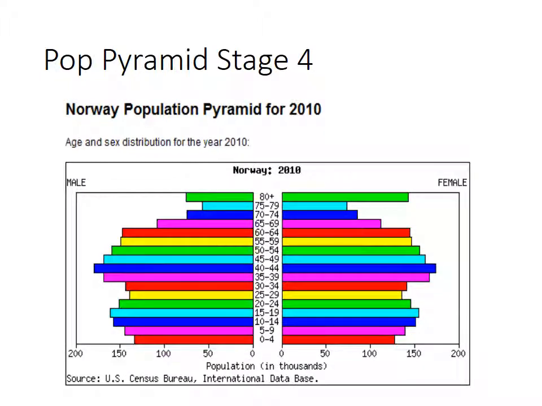Once you get to stage 4, you will see more average verticality. Things might look a little bit more square. You can also see with this one in Norway, in the 80+ cohort, something strange in that you have about twice as many females, or at least 1.5 times as many females as you do males. This is largely due to the effects of World War II, where men were going and fighting in war and dying.